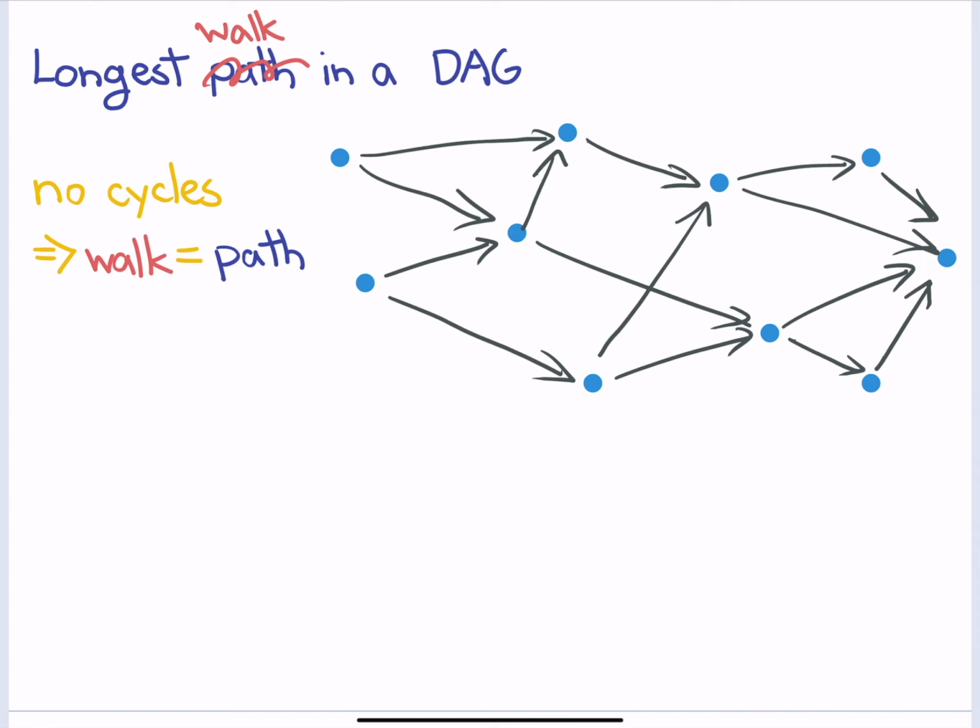But there's no chance of revisiting a vertex in a DAG. You can just worry about having a long walk. That's already very helpful. Now let's say I want to figure out the length of the longest walk in this DAG. How might we go about making an algorithm?